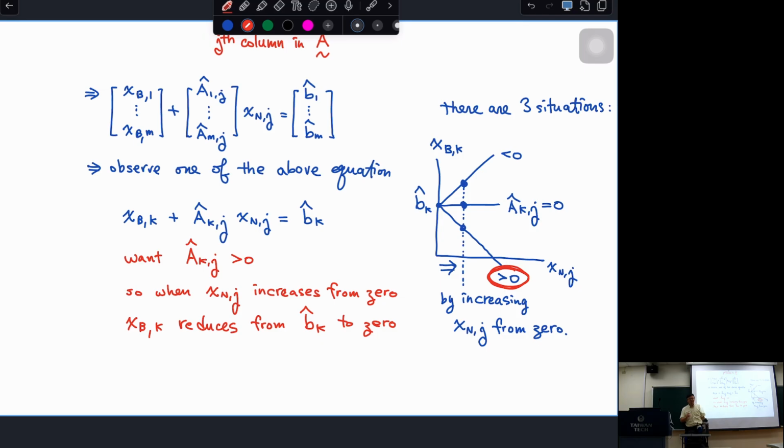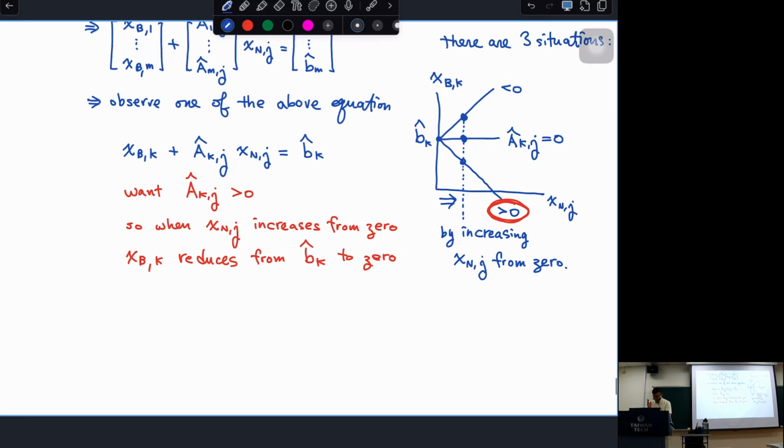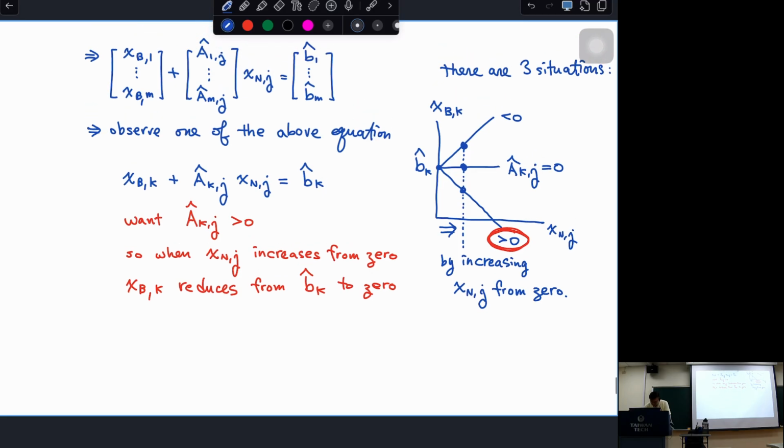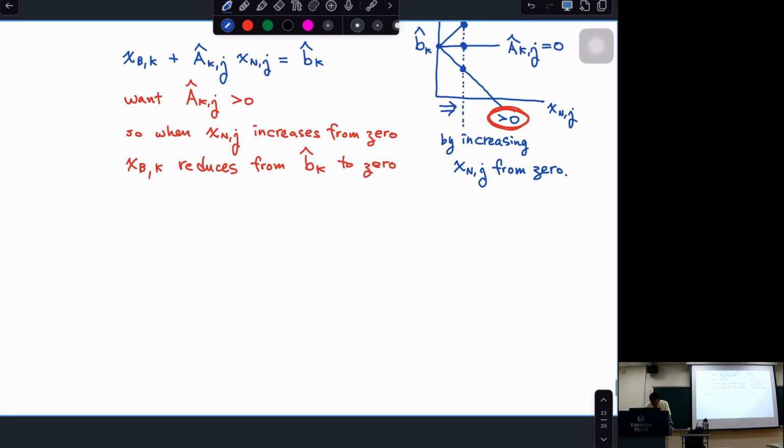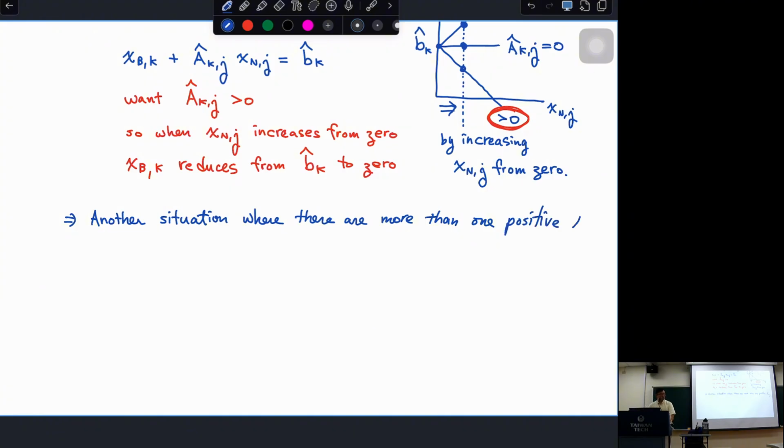Okay? But there will be some scenario. So if we choose the positive coefficients, there will be another situation where there are more than one positive inside this vector.